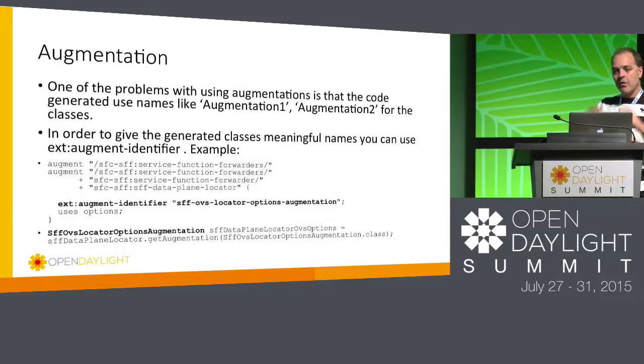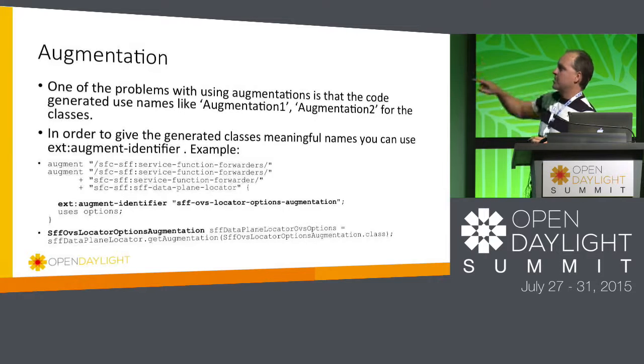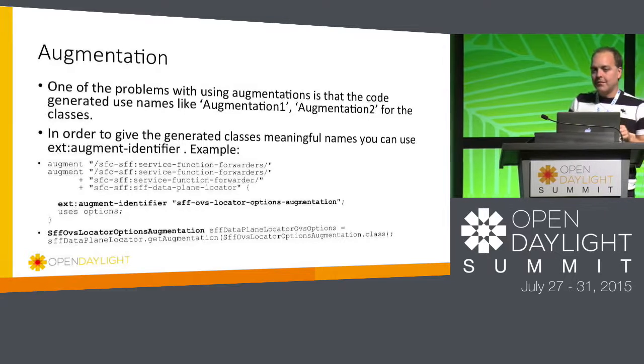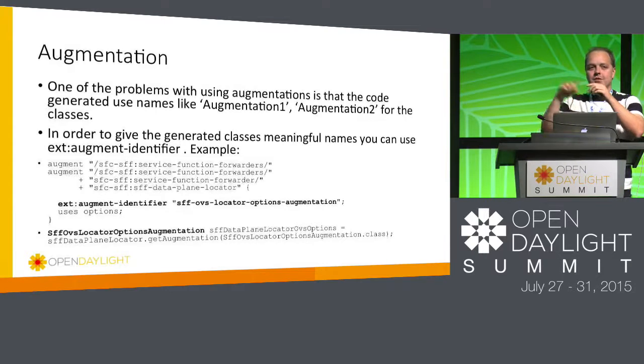But when you augment a model many times, the classes generated for the augmentations are named like Augmentation1, Augmentation2, Augmentation3, Augmentation4. So in the code, you don't really know what Augmentation1 really is, because it just generates with these numbers.